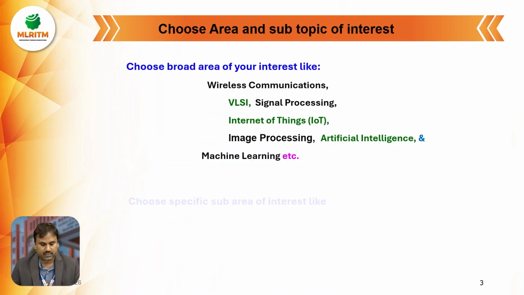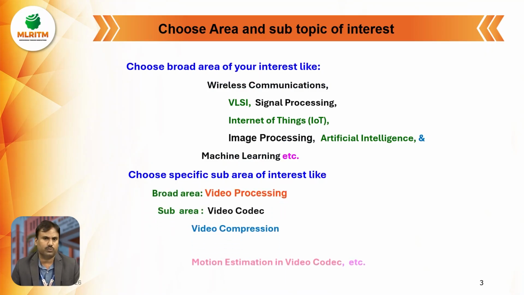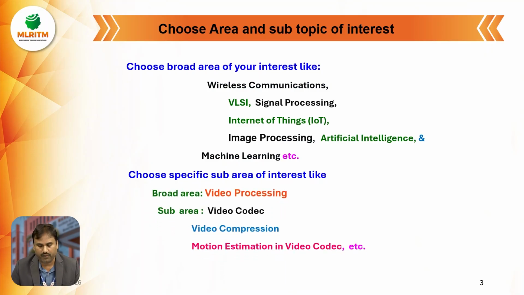First, I chose my broad area, wireless communications. Of course, other researchers may have areas of research like VLSI, signal processing, Internet of Things, image processing, artificial intelligence, machine learning. These are all broad areas of interest for research.